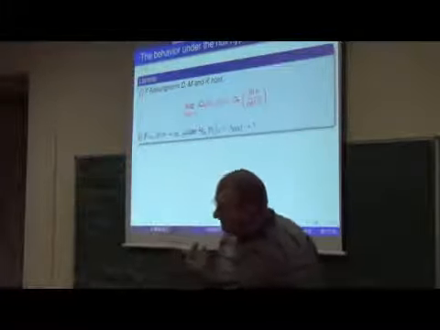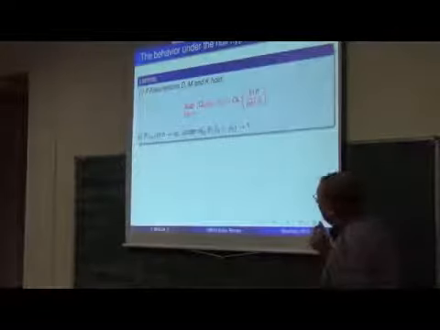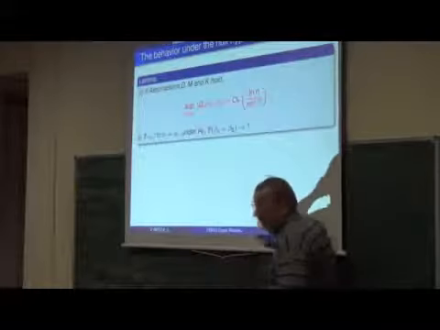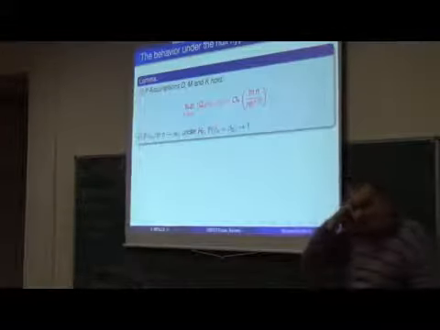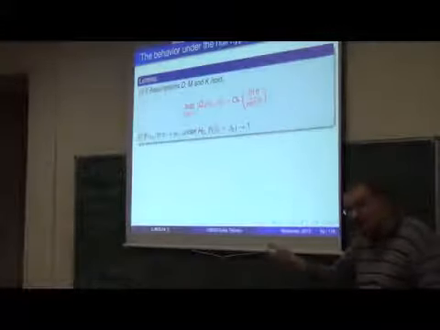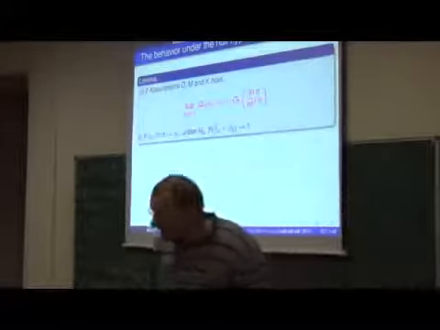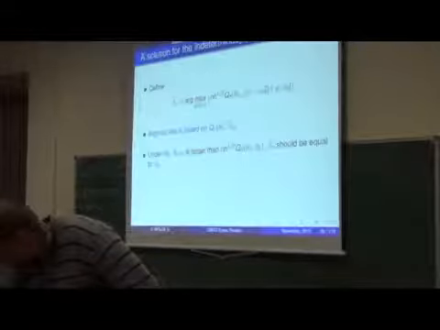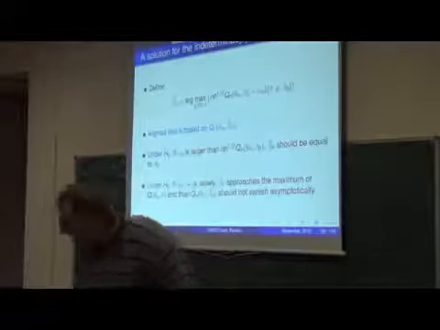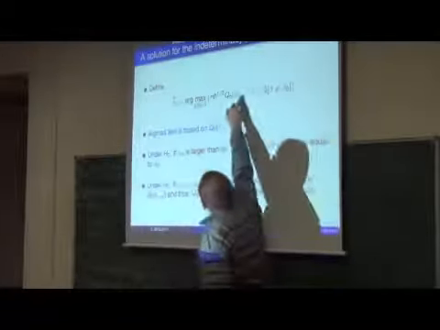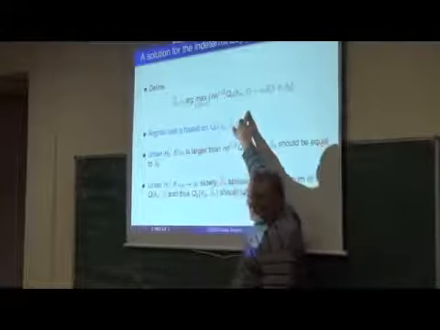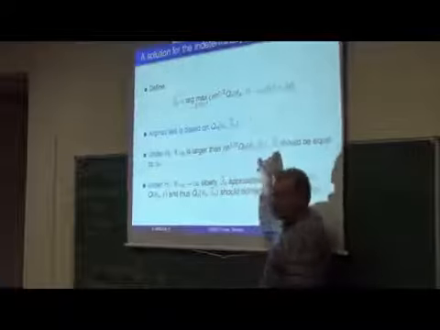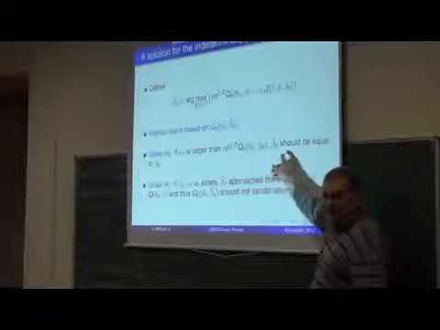So once you understood this, you understand that alpha n should go to infinity faster than log n. Because if this behaves like log n, and alpha n goes faster than log n, it's exactly the condition we wanted here.